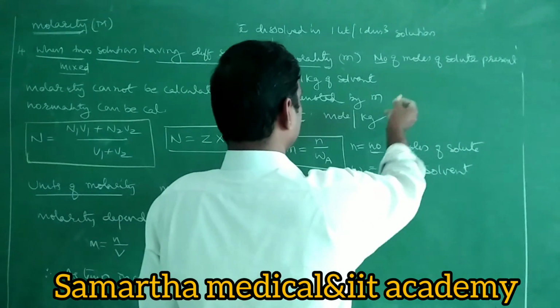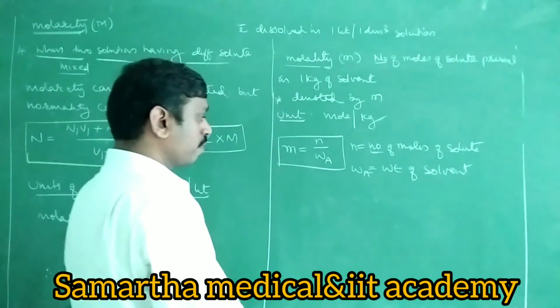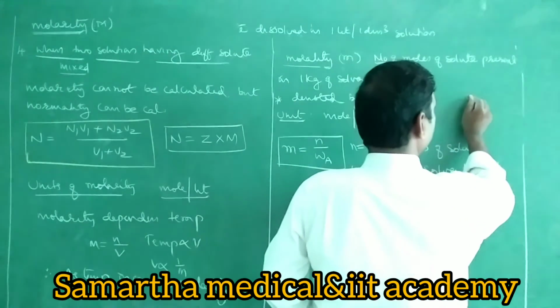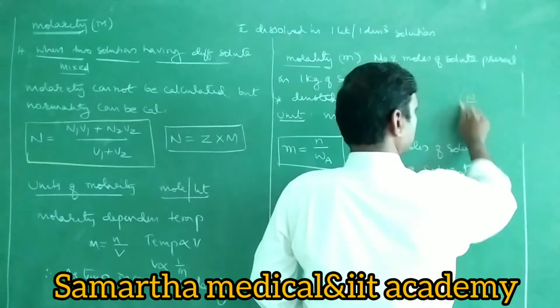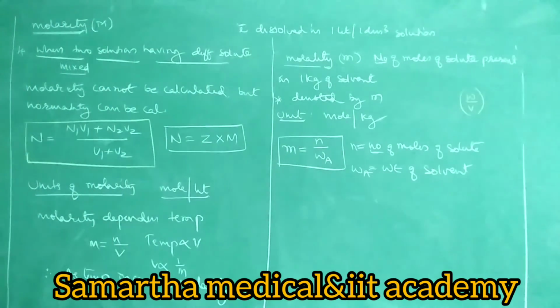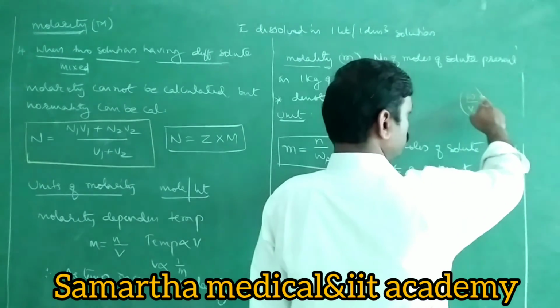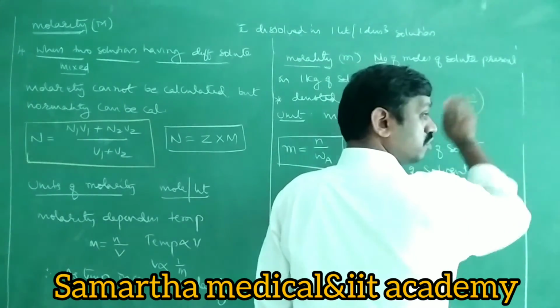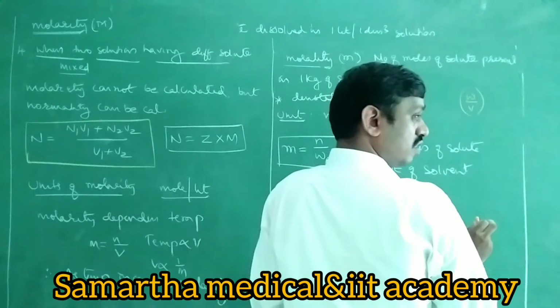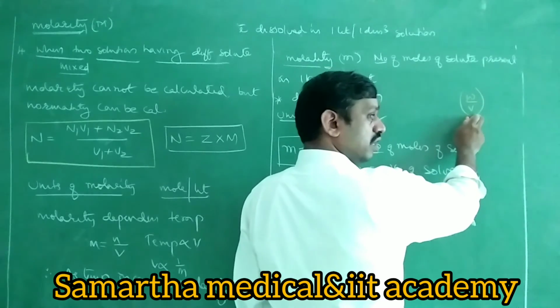Note W by V percentage. W by V is the number of grams of solute present in 100 ml of solution, so gram per 100 ml.